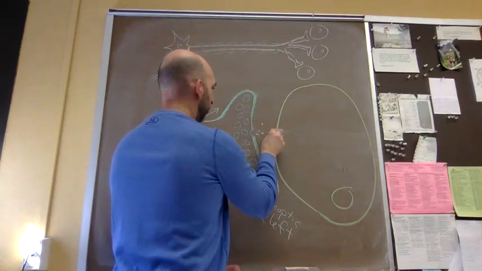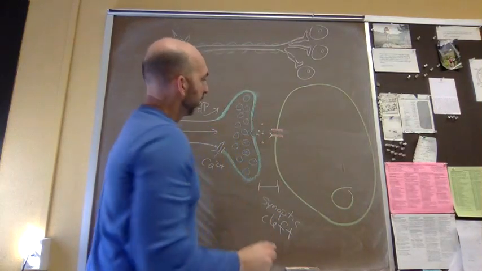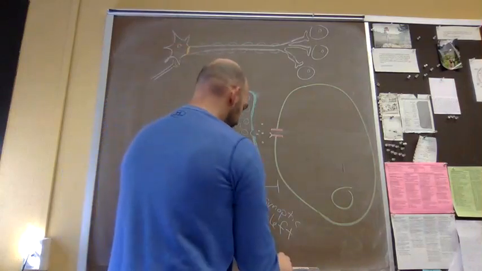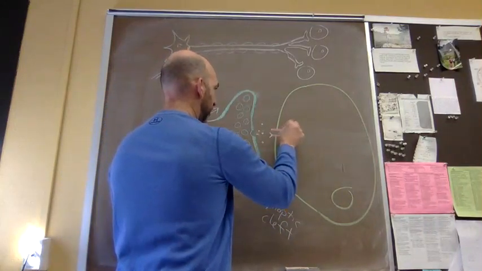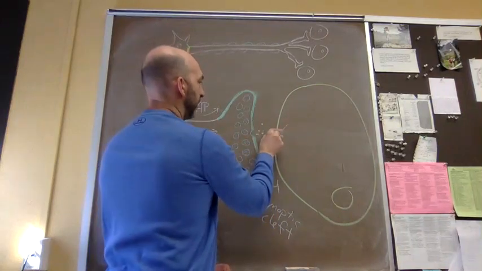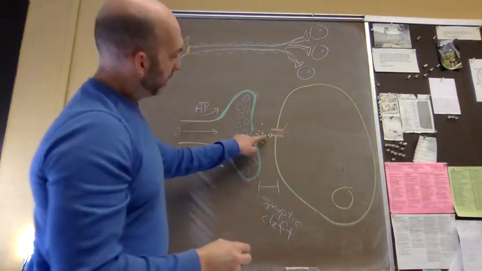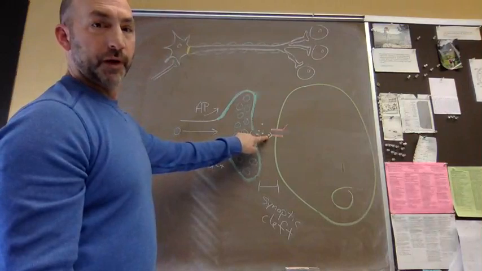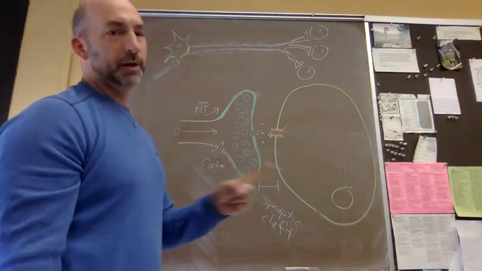And so I'm going to put a little pocket on this guy, right? It's got a gate on it, and I'm going to show the gate is already open because I'm going to have a neurotransmitter in that receptor site. Right? So that is a ligand-gated channel or chemically gated channel, right?